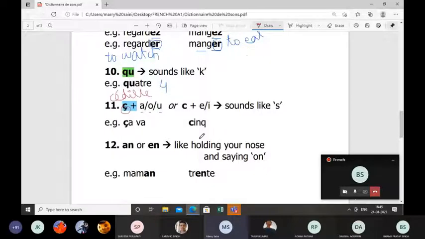So what to do? We put the Cédille under C to have the S sound. Like here, if I don't put this Cédille under C, it will become Kava, which has no meaning. But मुझे S sound चाहिए, so what can I do?